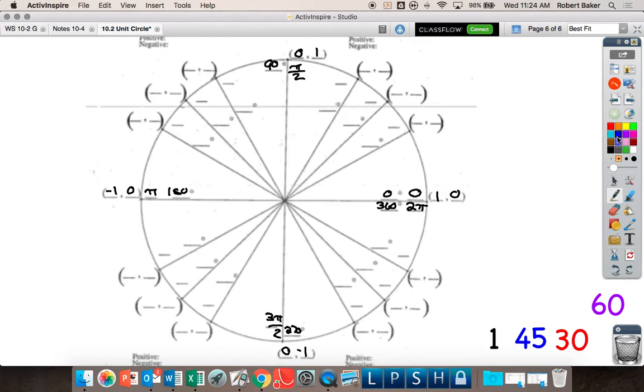So this is the square root of 2 over 2, comma, the square root of 2 over 2. If you know that one coordinate location, everything else is reflected. So I'm going to keep with the coordinates. I reflect this coordinate across the y-axis and it becomes negative square root of 2 over 2, square root of 2 over 2.